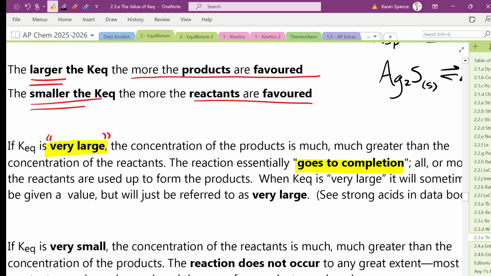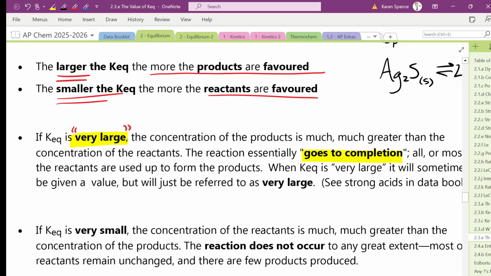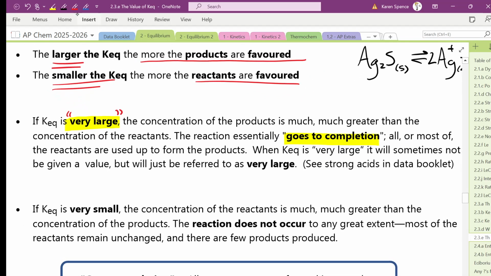So if a reaction goes to completion, it means all or most of the reactants are used up. So basically, you end up with all product and no reactant.